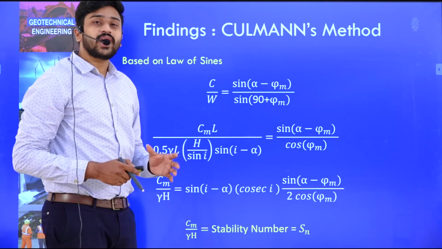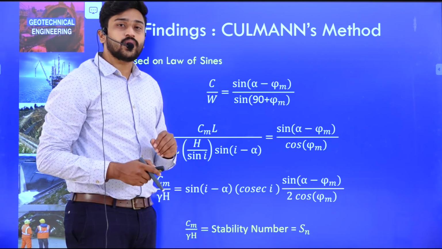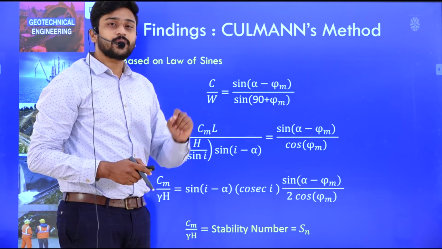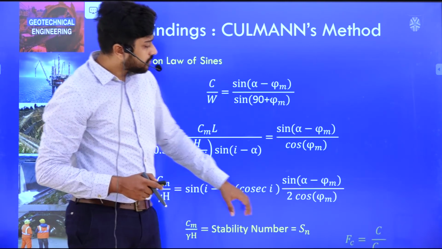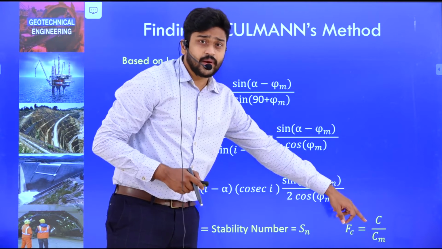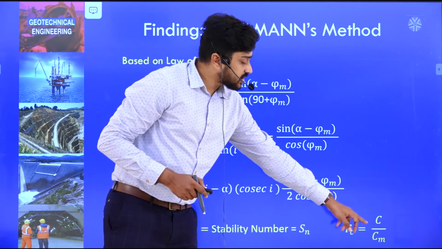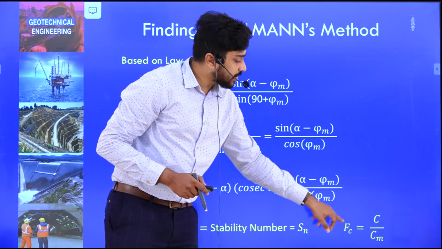Also we know that the factor of safety with respect to cohesion, that is Fc, is nothing but C by Cm, which we have obtained in our initial class. So Fc is nothing but C by Cm. Just interchanging the terms, Cm is equal to C by Fc.